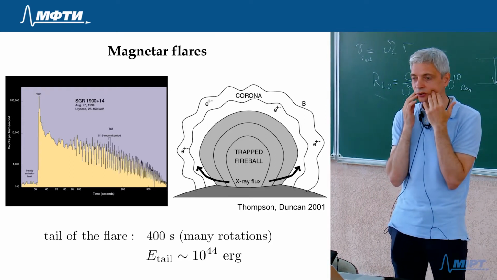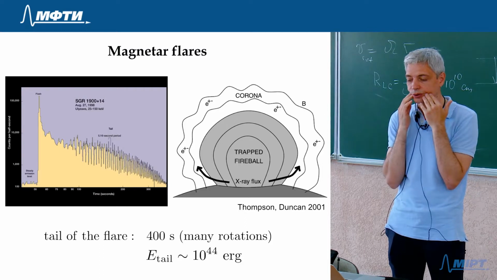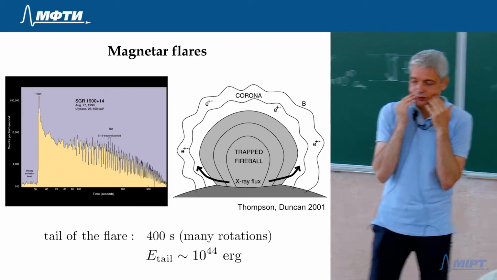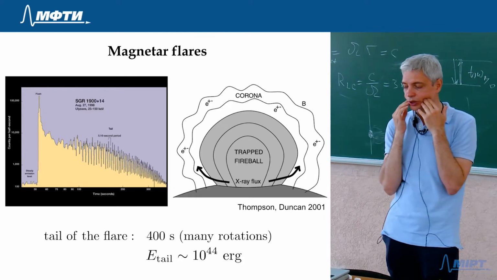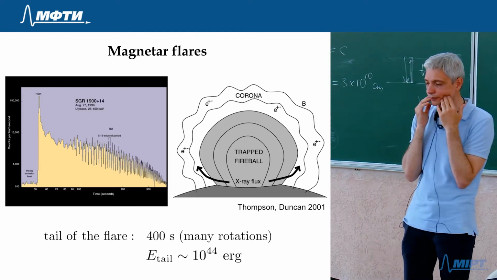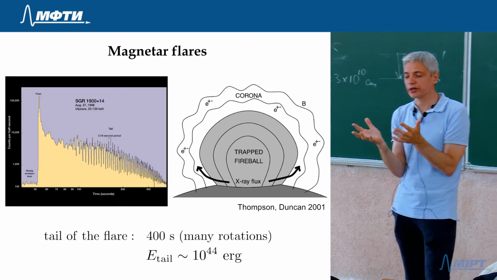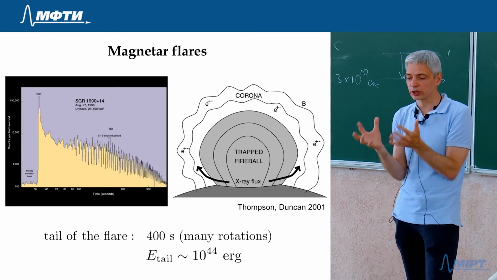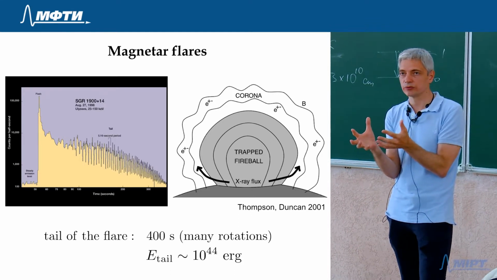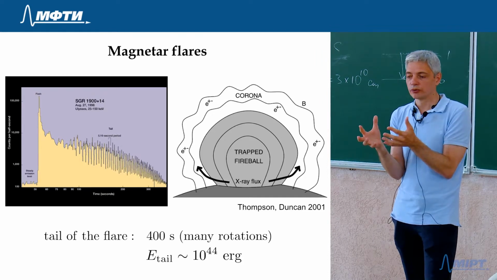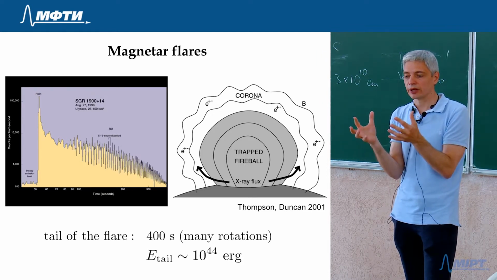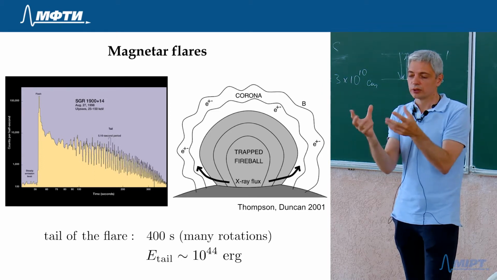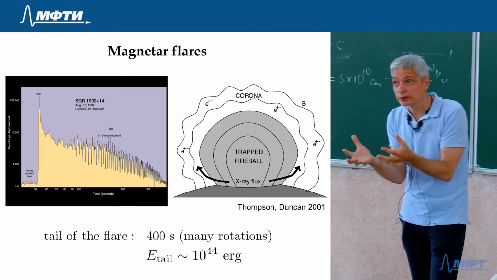And back in 1992, that was actually the first Paczynski argument by Bogdan Paczynski, and Thompson and Duncan also made a similar argument in the same year. They realized that simply by equating the energy budget of the tail, 10 to the 44 ergs, to the minimum magnetic field energy, pressure, if you like, times the volume, that you need to confine, right?